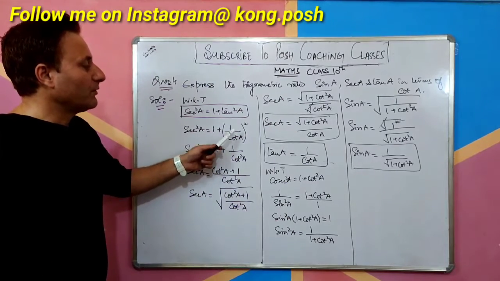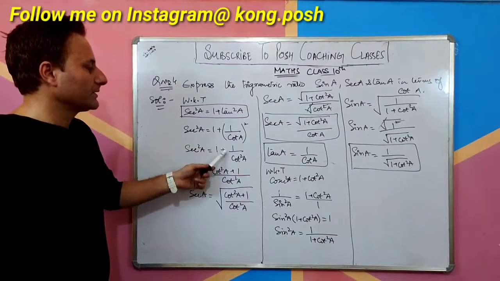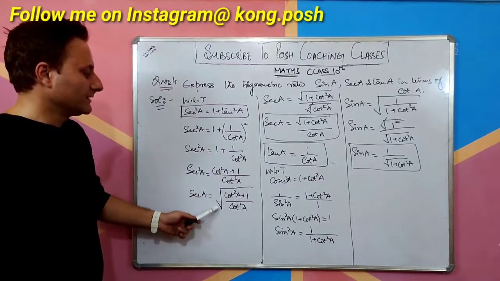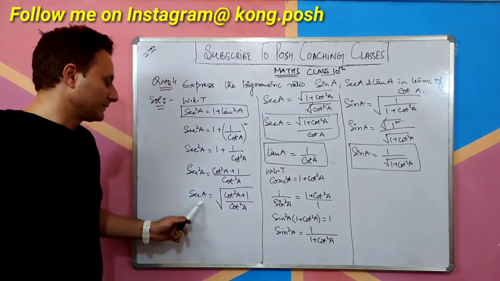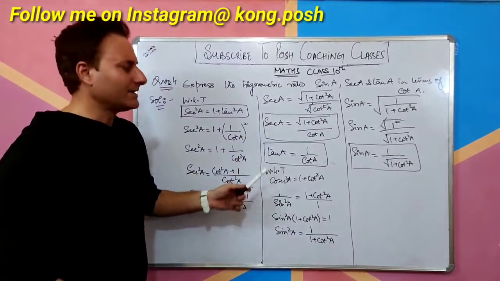So it is 1 upon cot A, then whole square, sec square A is equal to 1 plus 1 upon cot square A, then the simple math, and I got the answer for sec. This is the answer. And then tan, it is as simple as that.